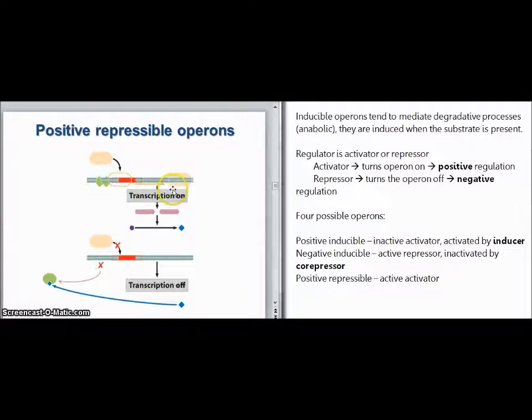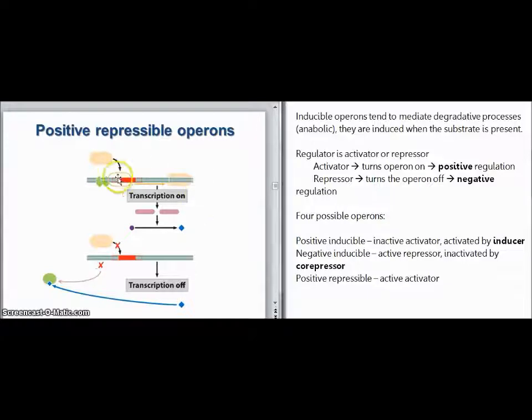Now, in these diagrams, the operator tends to be upstream of the promoter, whereas in the first operon diagram that I showed you, the operator was downstream of the promoter. It doesn't matter. They can be in either place. But typically, the operator is going to be right next to the promoter because it's physically blocking the polymerase from attaching to the promoter and initiating transcription.